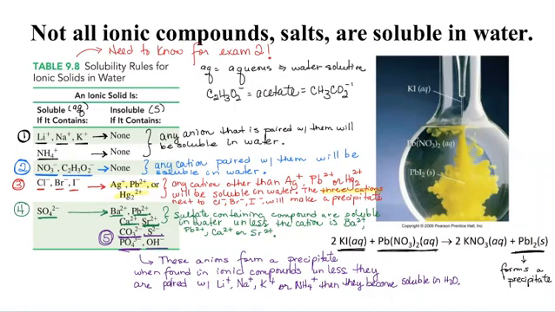Next one, lead-2 nitrate. Which rule, 1 through 5, explains why lead-2 nitrate is aqueous? Excellent. Rule number 2, because any compound with nitrate is going to be soluble in water, okay? Rule number 2 also applies to potassium nitrate.